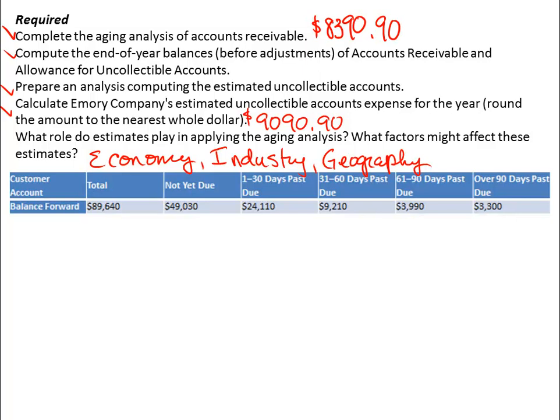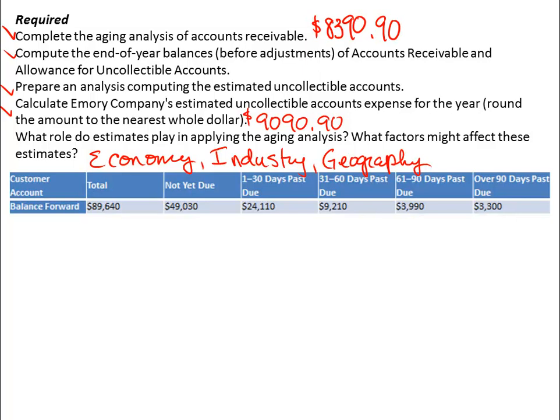So under the requirements, complete the aging of the accounts receivable. Well, we know that came to $8,390.90. We figured out the ending balances in the accounts receivable and the allowance account by doing T accounts. And we figured out that the amount of the adjusting entry needed to be $9,090.90.